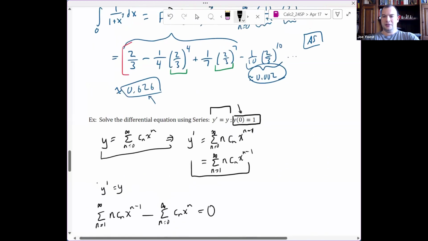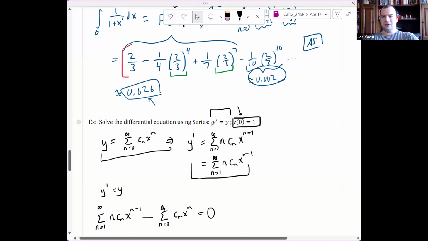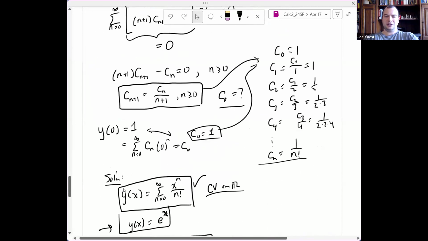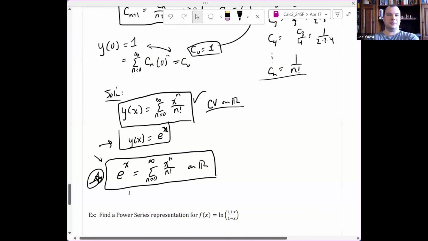Kind of an interesting thing you could look into if you want to. Well, what if we looked at, say, y double prime equals negative y? Well, we know that solutions to that look like sines and cosines. Can I come up with some initial conditions, do a similar process to this, and get some kind of power series representation for sine x and cos x?